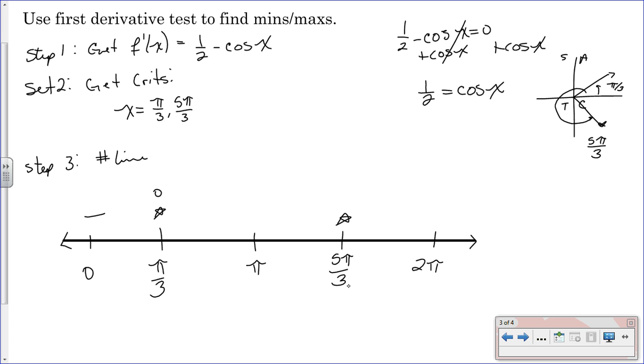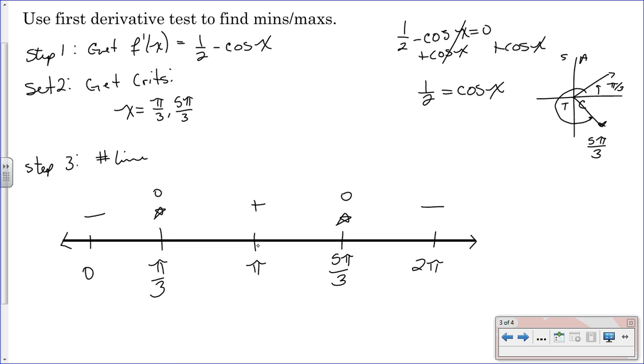And if you plug in 5 pi over 3, this is 1/2 too, so you're going to get 0 again. Plug in pi, 1/2 minus the cosine of pi will give you a positive number. Put in 2 pi, 1/2 minus the cosine of 2 pi will give you a negative number.